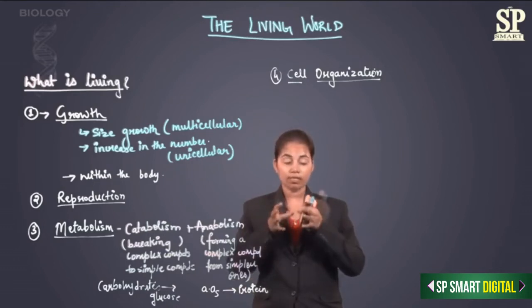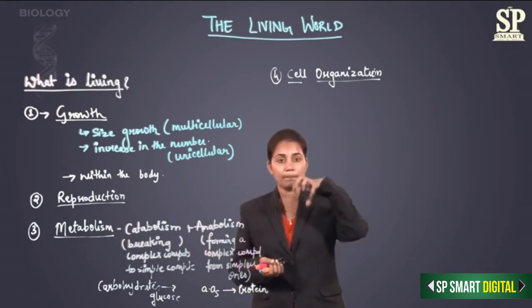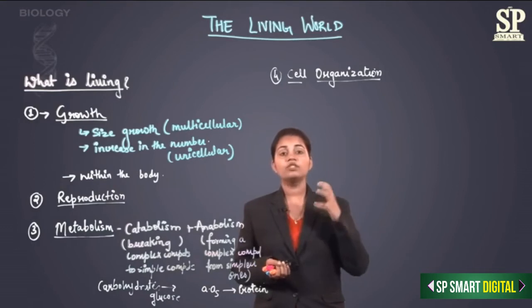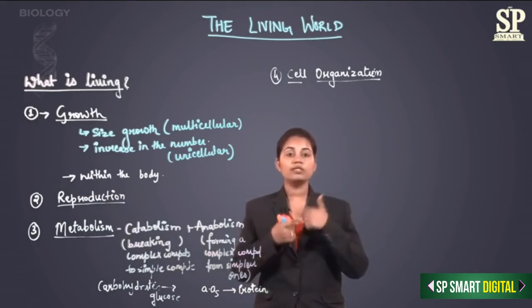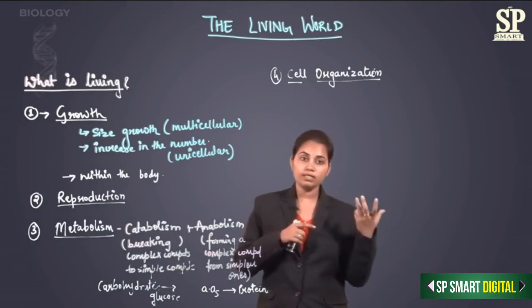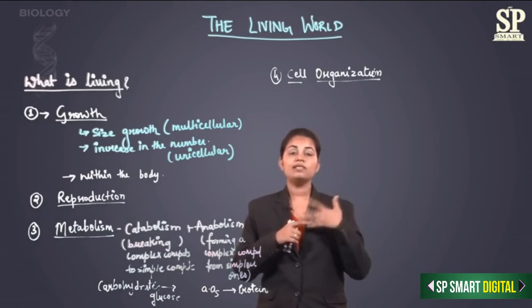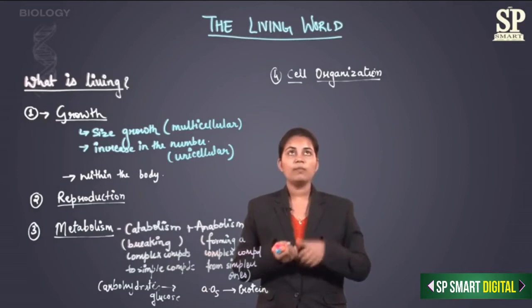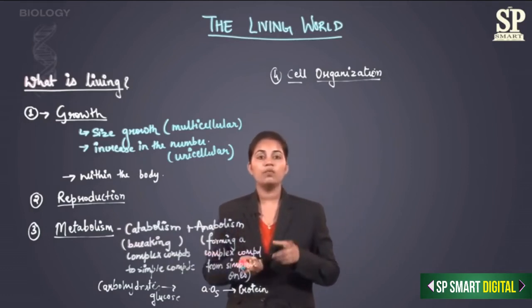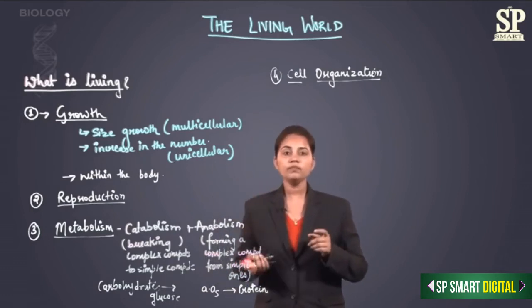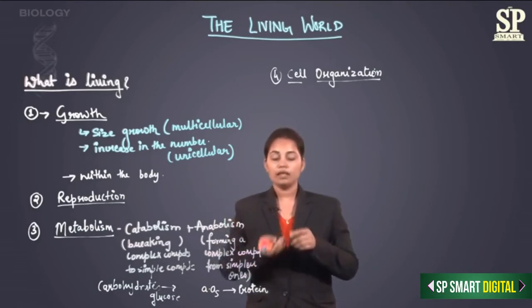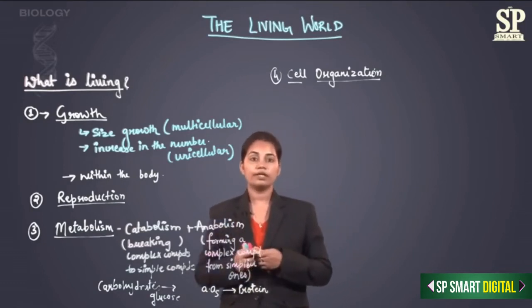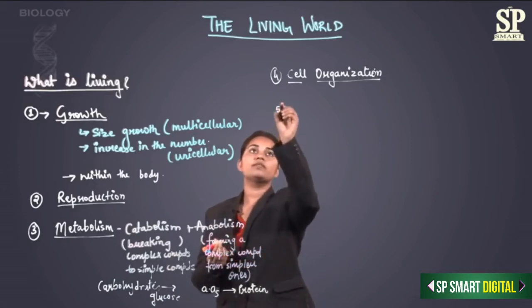These are the areas within a cell which form the compounds required by the cell, or which give out of the cell the compounds considered as waste, right? So my cellular organization again plays a very important role for the object to be classified as living. Now coming to the fifth criteria, which is consciousness.